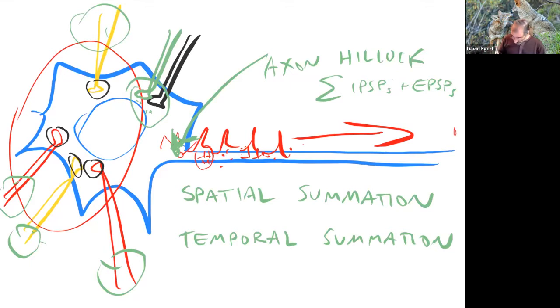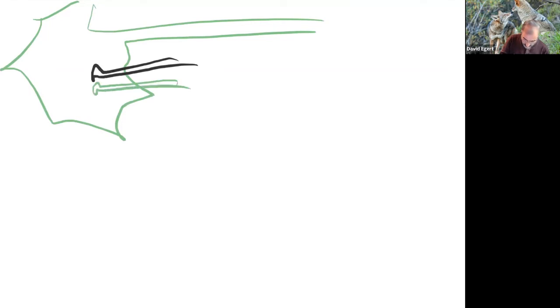Right, so let me maybe draw another picture here. Here's my black one coming in, here's my green one coming in. This is just my overall neuron. And again, these are close together. So I'm going to talk about spatial summation first.